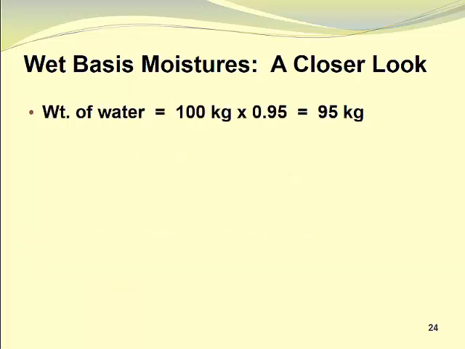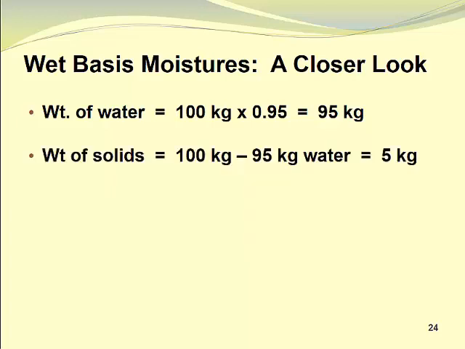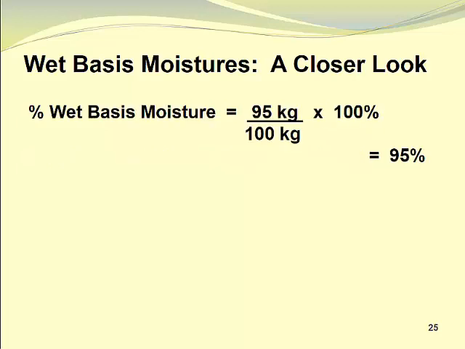The weight of the water will be 100 kilograms times 95%, which is 95 kilograms. The weight of the solids can be found by taking the initial weight of the material and subtracting the weight of the water, which gives us 5 kilograms of solids.